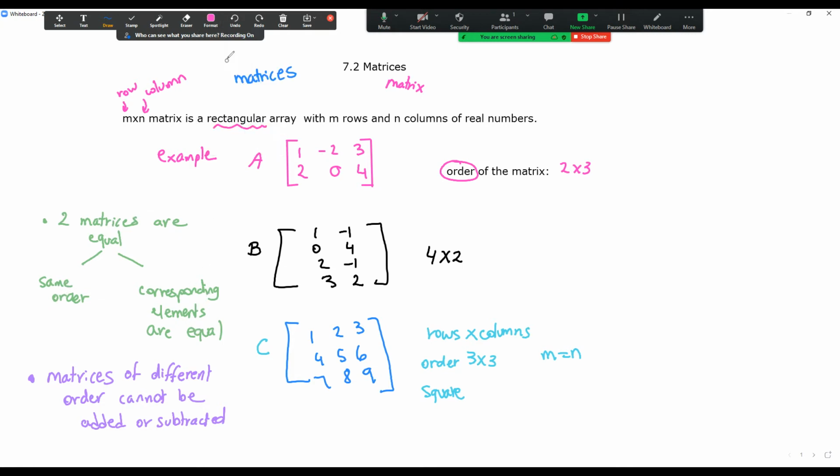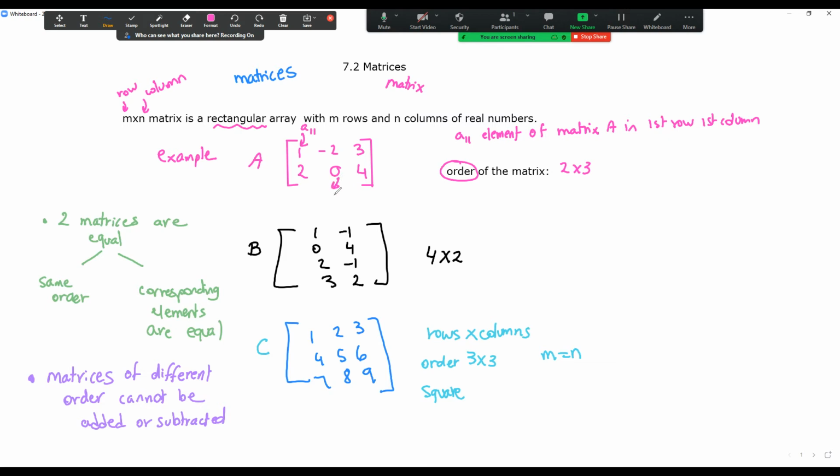And what do we mean by that? So let's take a look at this. This is an element of matrix A. It's in the first row, first column. We call this A11. So A11 is an element of matrix A in the first row, first column.